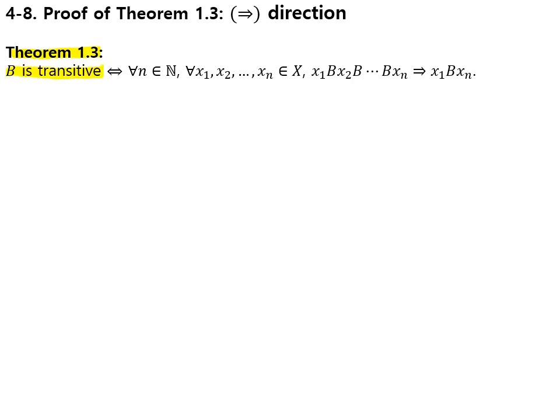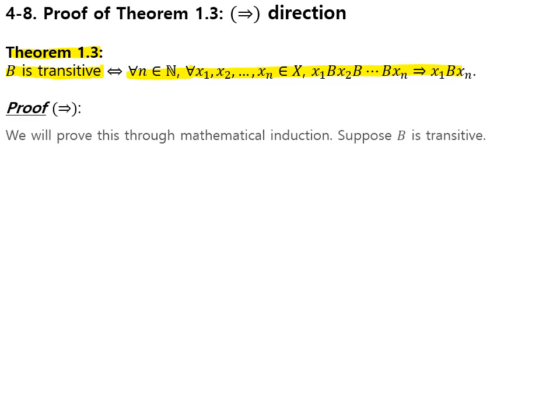That if a binary relation is transitive, then this implies that for all natural number n, this holds. Okay? So we're going to prove this by using the technique of mathematical induction that I have just explained in the previous slide. Whenever you prove a conditional statement, you first assume that the antecedent is true, right?